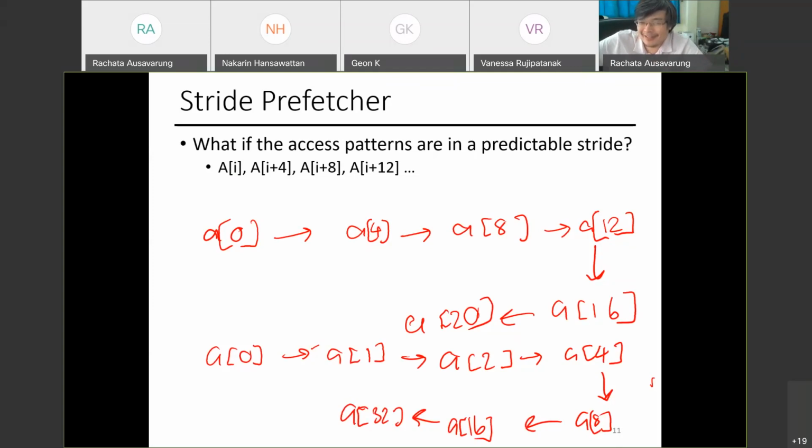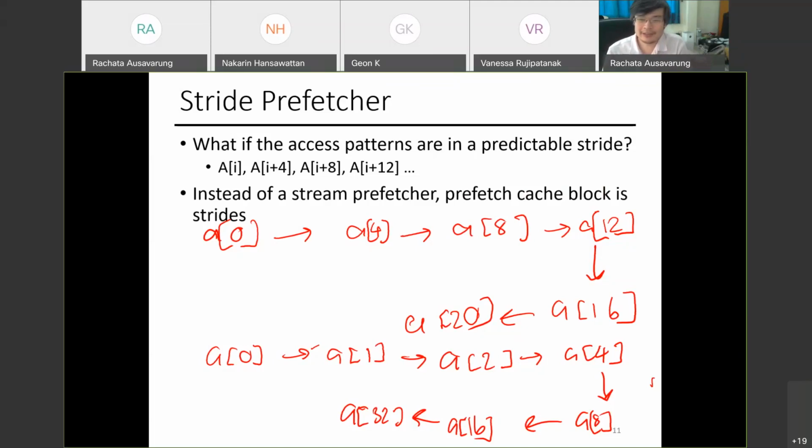The index just gets updated in a certain pattern, and this happens a lot as well. So you can actually build the policy to get this data ahead of time as well. So now we basically can prefetch cache blocks in strides, right? So these are different things you can do to the caching policy to actually get more cache hits, right?